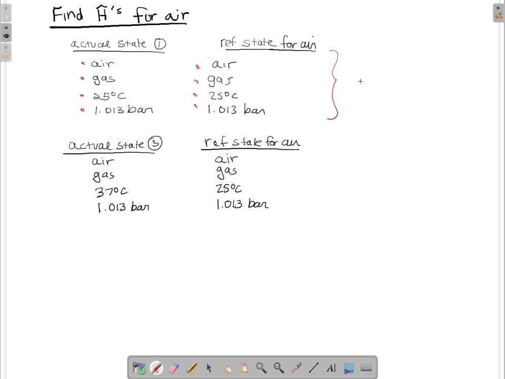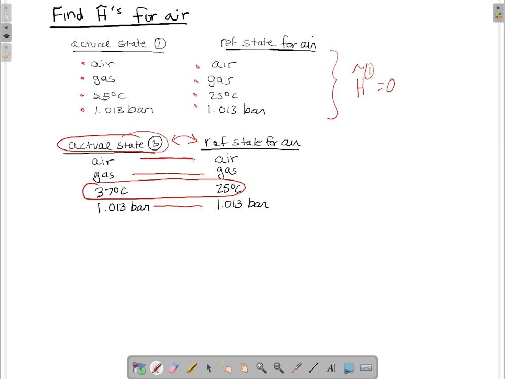So what this means is that the specific enthalpy of stream 1 is 0 because it's at its reference state. Now we need to compare the actual state of air in stream 3 to its reference state. As you can see, there's no change. It's air in both cases. It's a gas in both cases. And there's no difference in pressure. So the only difference is a sensible heat change.